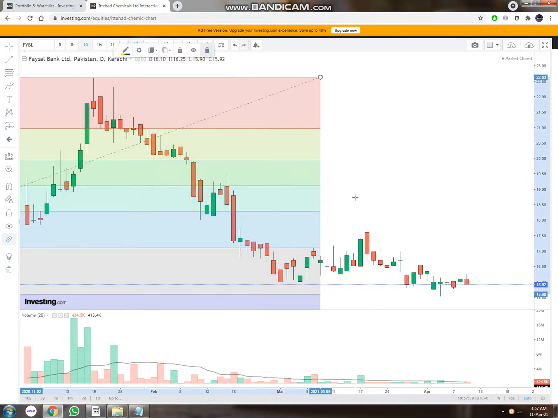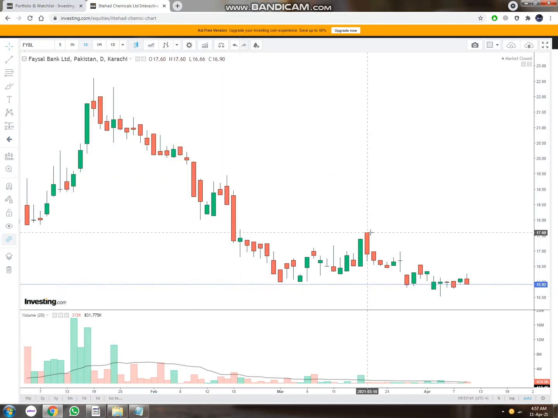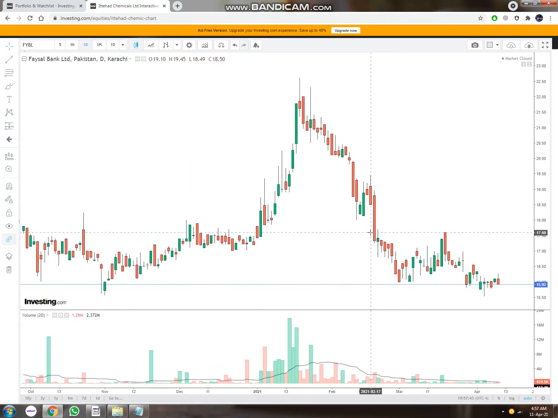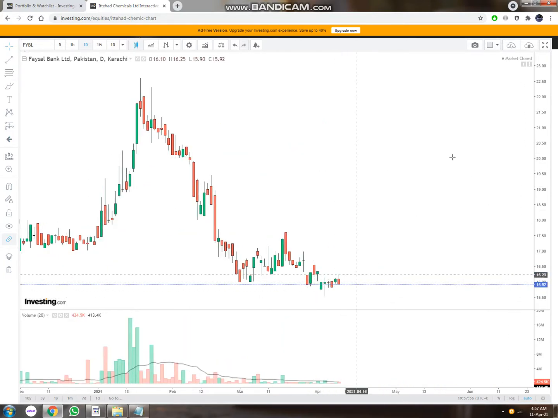In certain cases you will have to wait for the pullback to show you how it will perform in the future, because just in this case I didn't wait for it and it went downward. As you can see, it went downward, so I'm still waiting for it to go up, because I know its price would go up and I'm going to make a profit, but that's going to be too late. So I'm still waiting on the hope that it would give me profit and I wouldn't lose that much money.